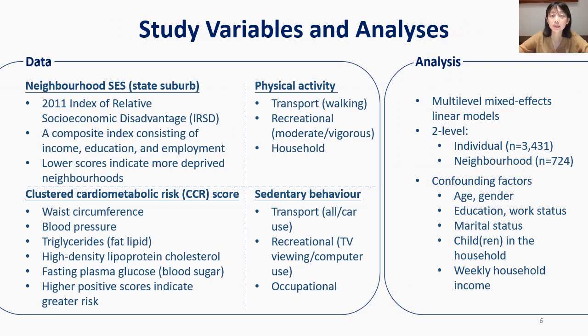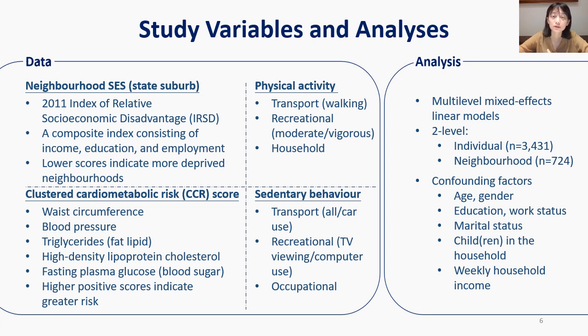We extracted neighborhood socioeconomic status information from the census, and the composite index consisted of indicators such as income and education. So a lower score indicates a more deprived neighborhood.